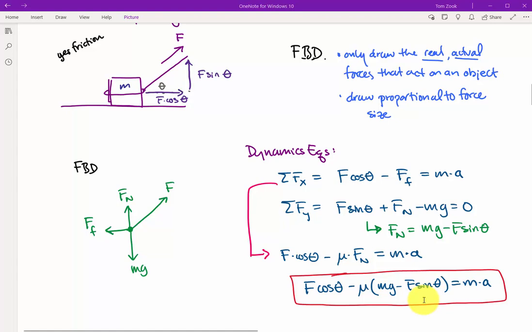So it's not necessarily a wash, but for small angle changes, the sine and the cosine change are going to be close to eliminating each other. It's only once we get to larger angles where this cosine component starts to drop quickly and the sine component starts to increase quickly that we're going to get less and less force applied to the object, which is going to result in not much acceleration going forward.